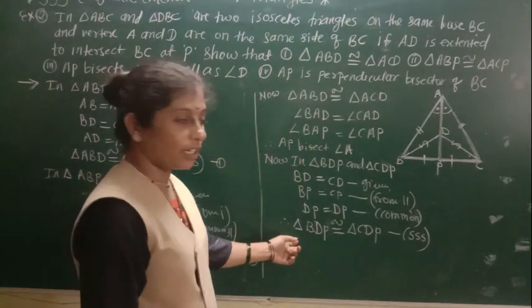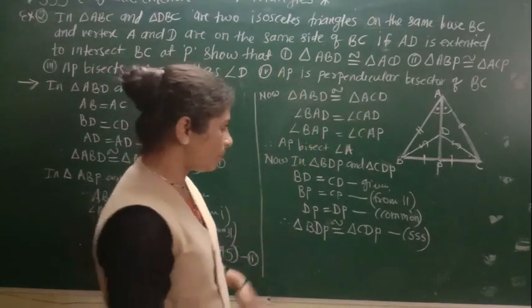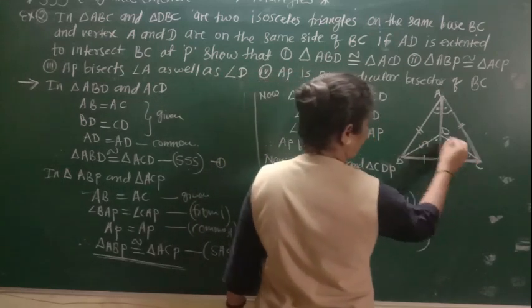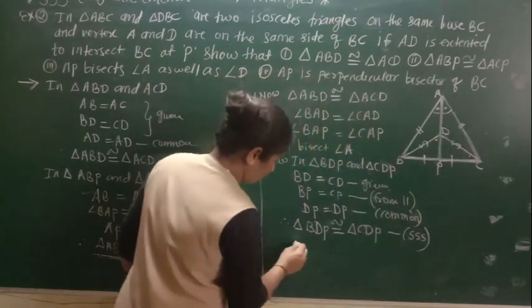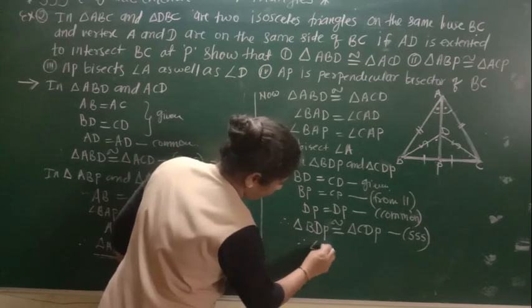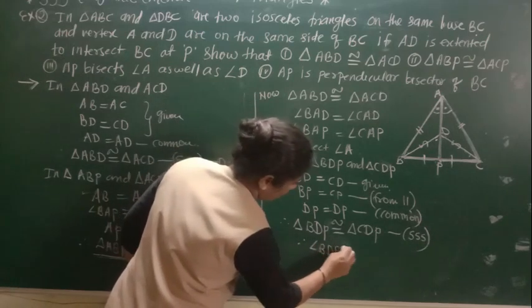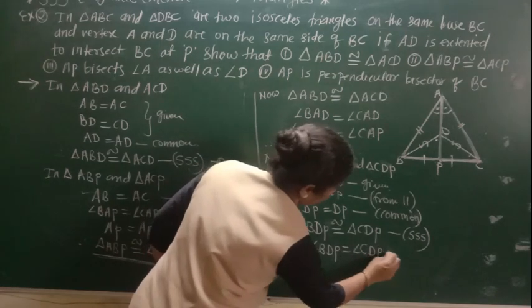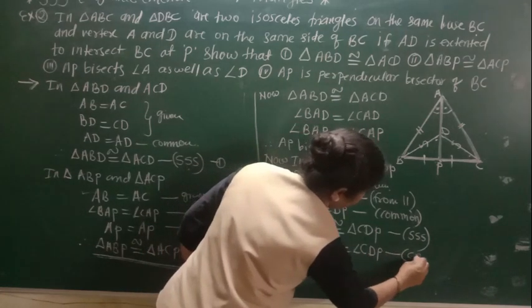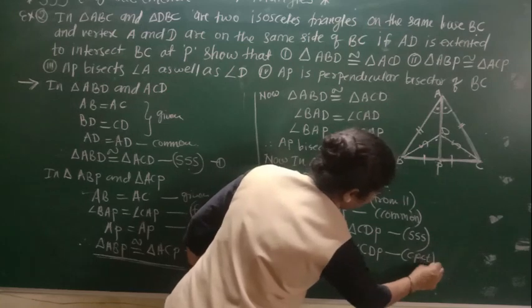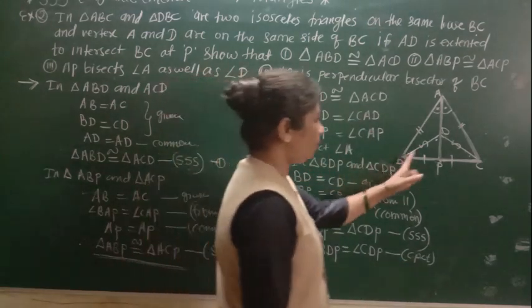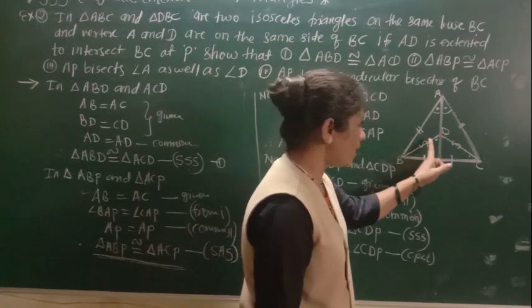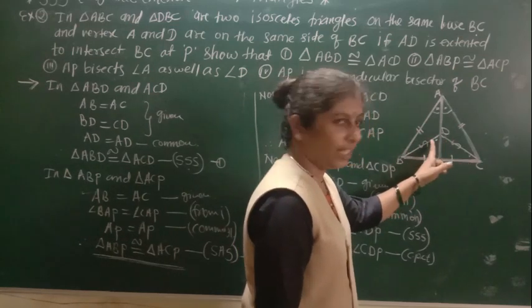These two triangles are congruent, and by CPCT we can say that angle BDP equals angle CDP. The reason is CPCT.